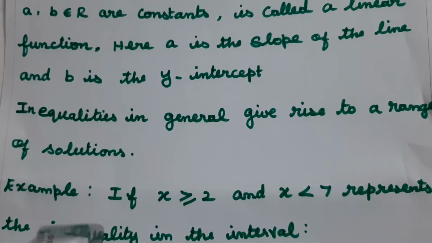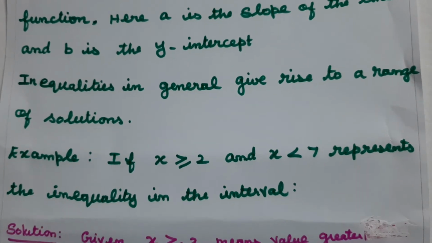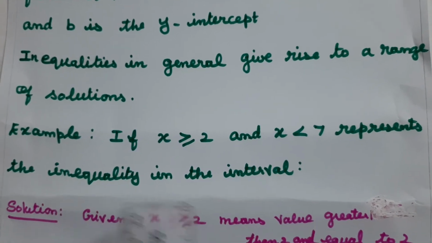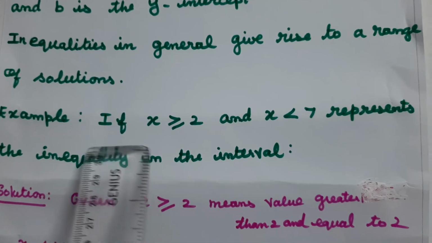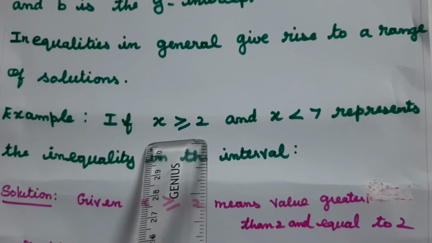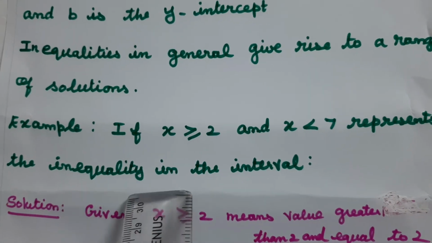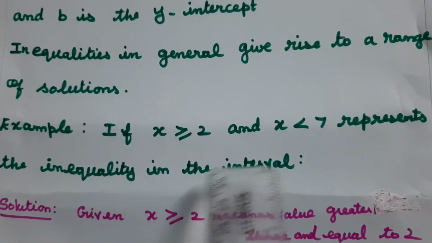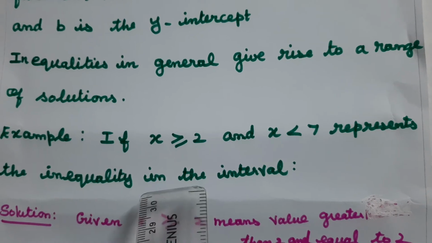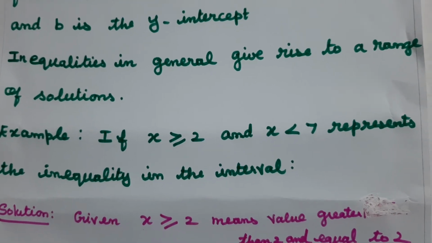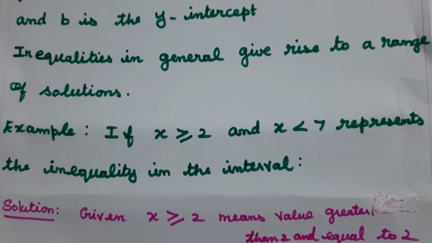Clear? Okay. Now let me give an example about the range, the interval, and how you can write it. If x is greater than or equal to 2 and x is less than 7, this represents the inequality in the interval form.